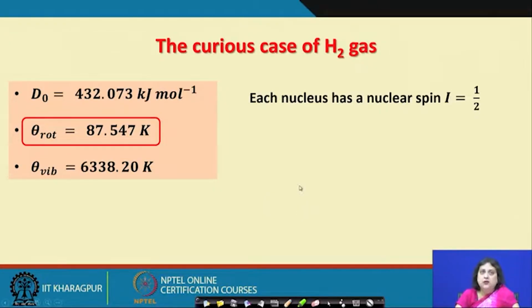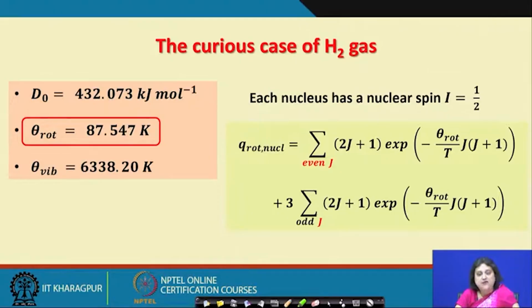Now, in the case of the homonuclear hydrogen gas, we understand that each nucleus has a nuclear spin of half, and correspondingly we have discussed in detail how we can write down the overall contribution to the single particle partition function from a symmetry allowed combination of the rotational energy states with the nuclear energy states.